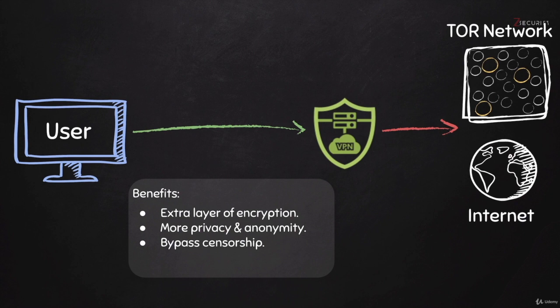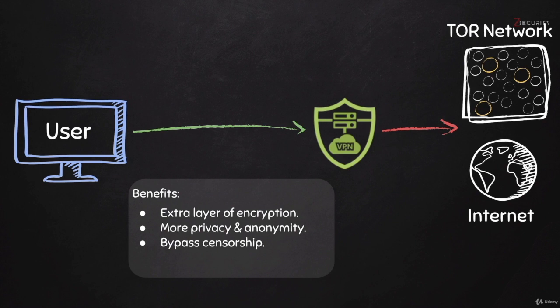This means that it's going to improve our privacy and anonymity because it'll prevent anybody that intercepts this flow of data in here from seeing what data you're sending or receiving. Again, whether it's your network admin, whether it's your internet provider, whether it's a government, it doesn't really matter. Your data in here is going to be encrypted, therefore it'll be useless to any entity that intercepts it. It will also help us bypass censorship.